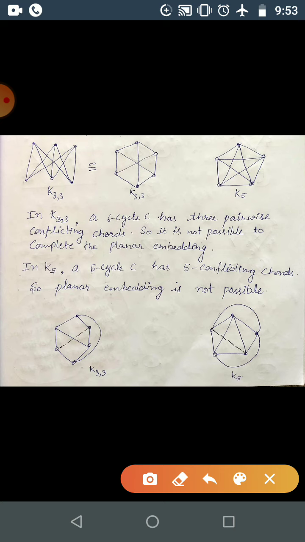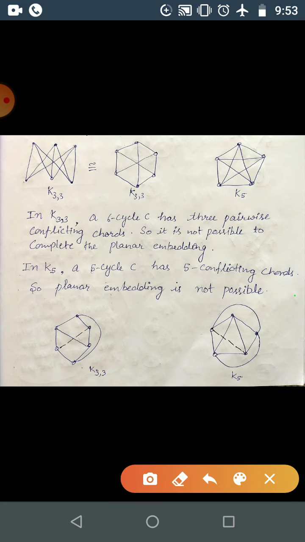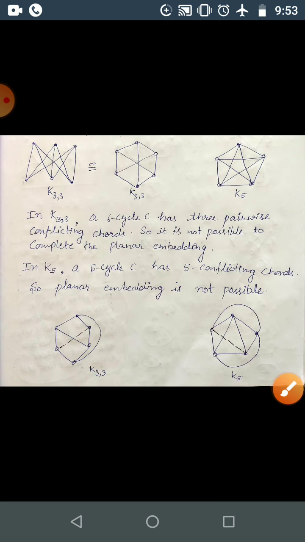So in all possible ways of planar drawing, you are just getting a conflicting edge. Correct? That is edge crossing. That's why we are not able to draw this K5 in a plane. Okay, this means K5 is not a planar graph. Okay, and K33 is also not a planar graph.